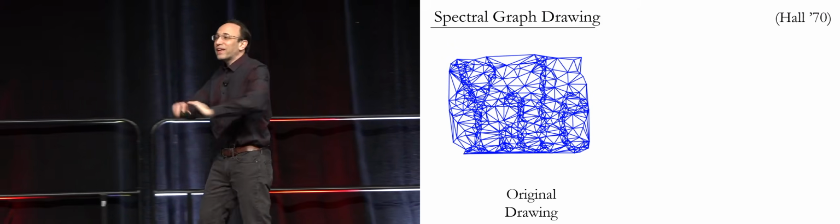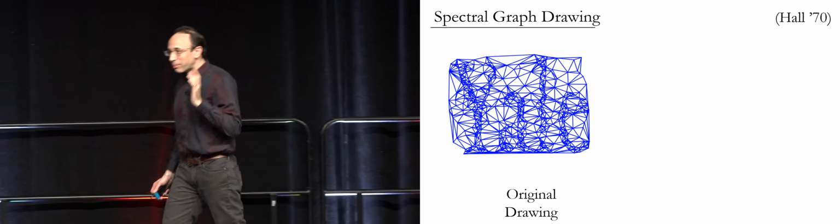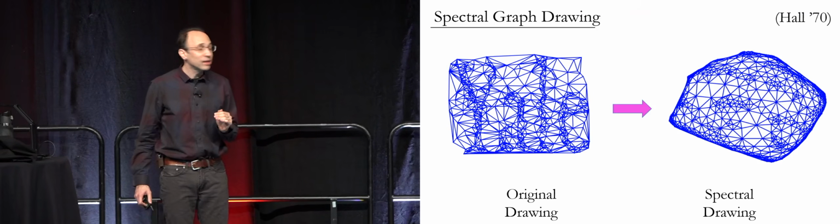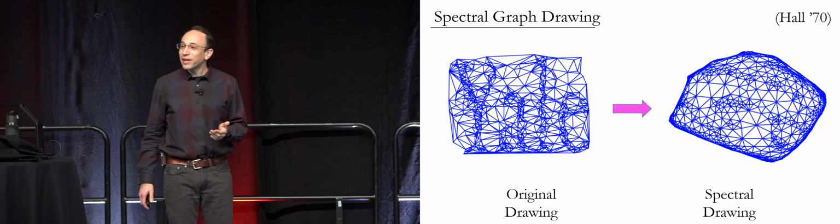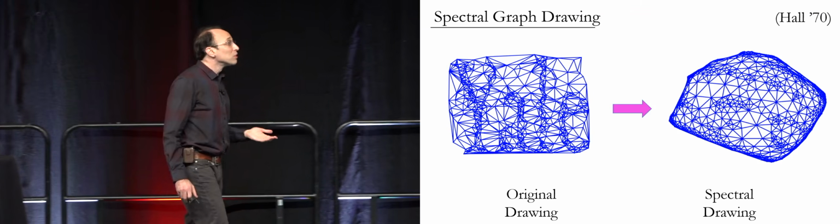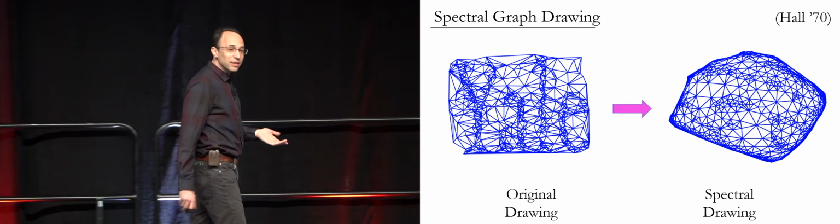Now, let's forget the geometry. Just pay attention to what's connected to what. Just using that information of the graph, compute the eigenvectors, plot the vertices, and here's what we get. It's a surprisingly nice picture. Let me point out some features of it. The middle looks like a triangulation of something.